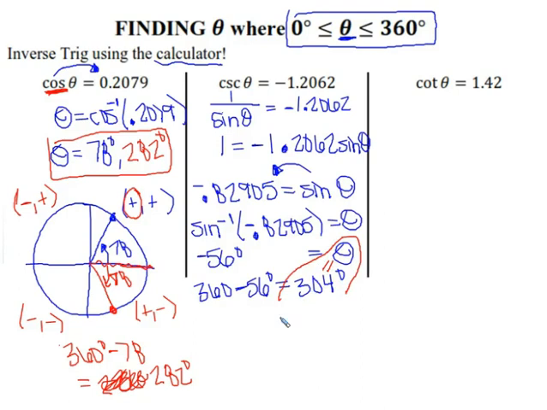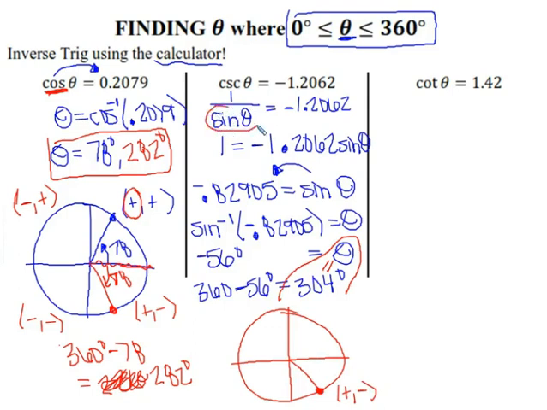We just got to figure out what is the other angle measure. So let's go ahead and draw our unit circle. An angle of 304 degrees is going to land somewhere in here. And in this particular quadrant, cosine is positive, sine is negative. But notice how we're focusing on sine, because sine and cosecant are those reciprocal trig functions. So in which other quadrant is sine negative?